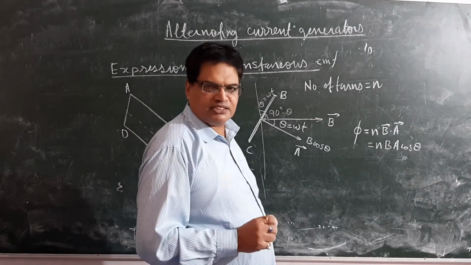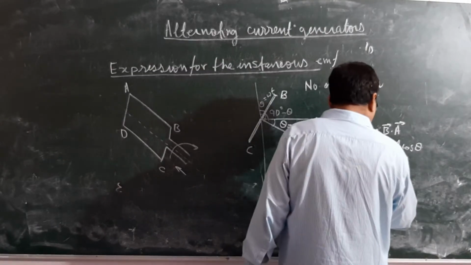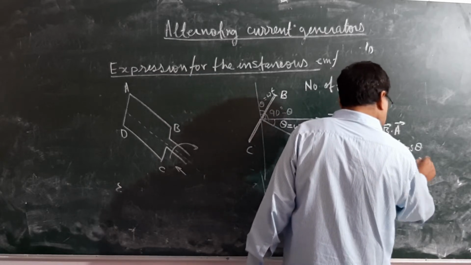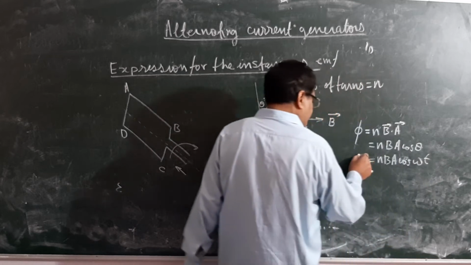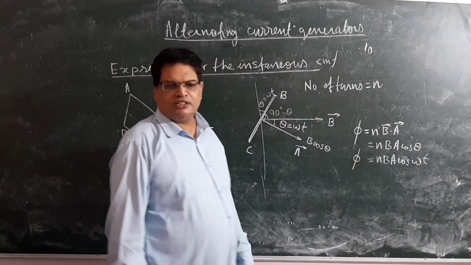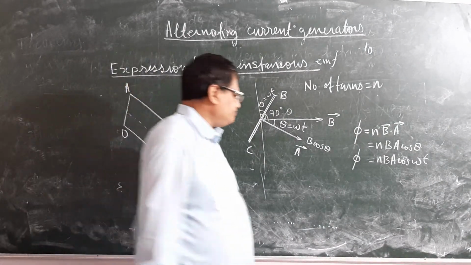So we can replace theta by omega t. We can write this as NBA cos omega t. So this is phi, that is the flux associated with the area of the coil.